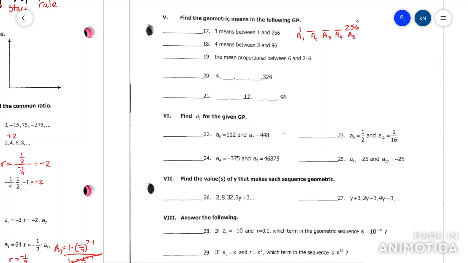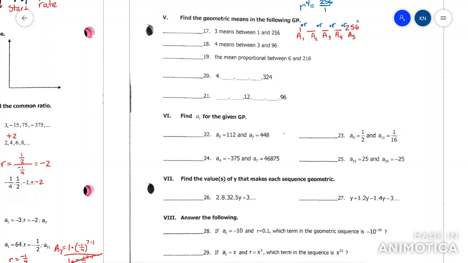The long version of what's happening here is you're timesing by R to get to A2, and then you're timesing by R to get to A3, then you times by R to get to A4, and then you times by R to get to A5. So you can think of it as you times by R 4 times to get to 256 from your start of 1. I hope that made sense.